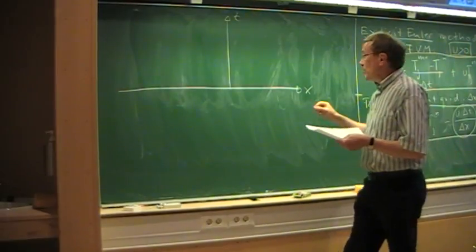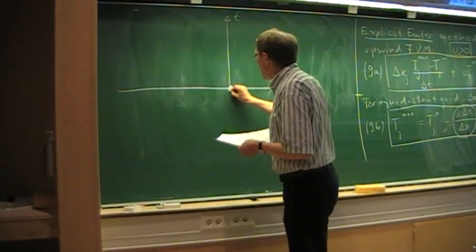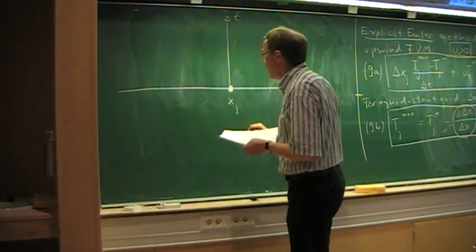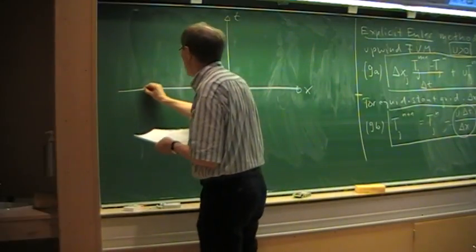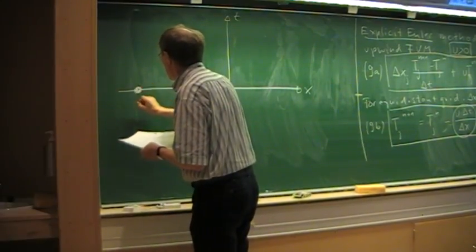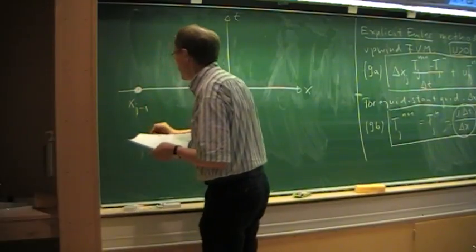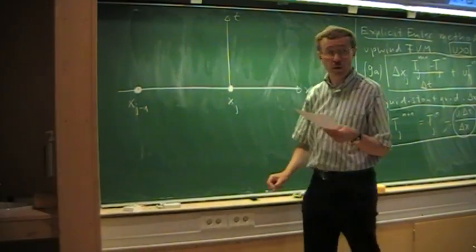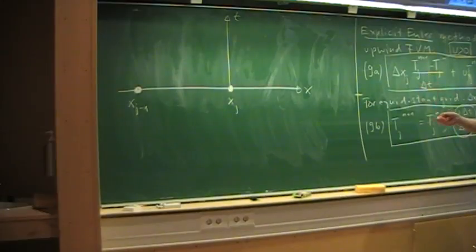We could also imagine that we are here at the midpoint xj, and here the midpoint xj minus 1, if we think of the finite volume method. If we think of the finite difference method, these are just our nodes.